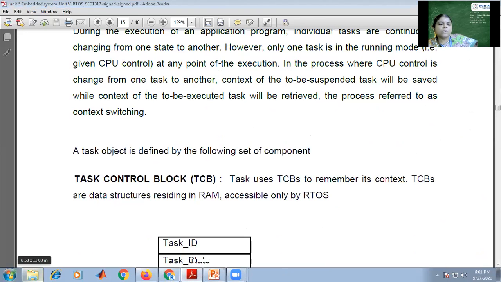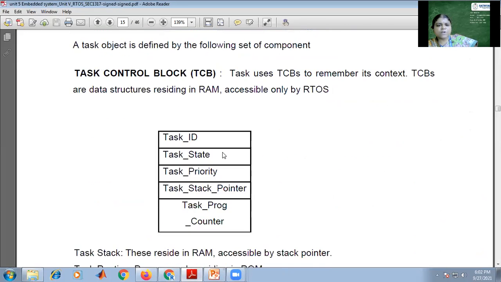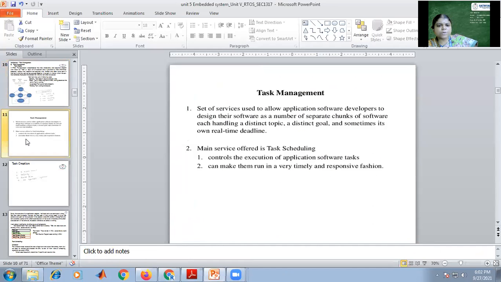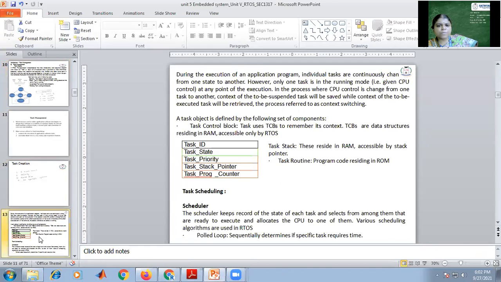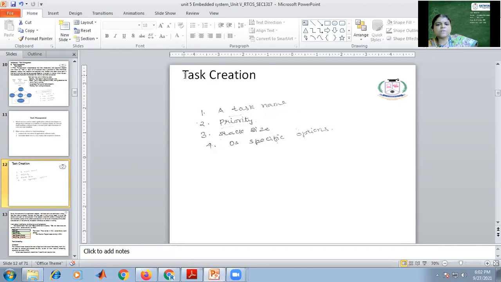So now, in order to create a task, what should be the content of a task? So all the tasks require task creation.